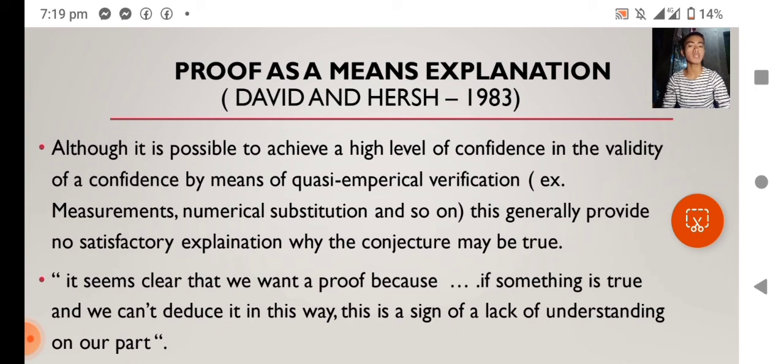It seems clear that we want a proof because if something is true and we cannot deduce it in this way, this is a sign of a lack of understanding on our part.